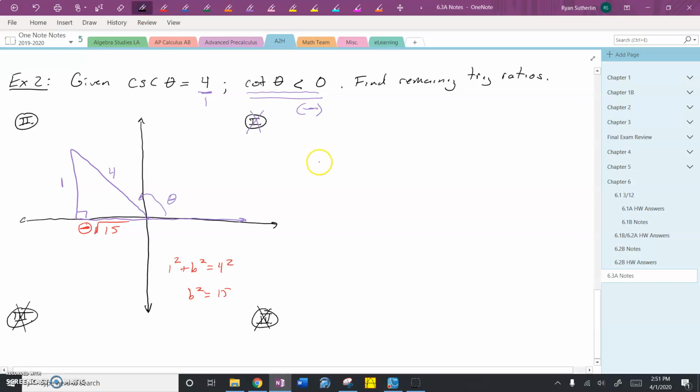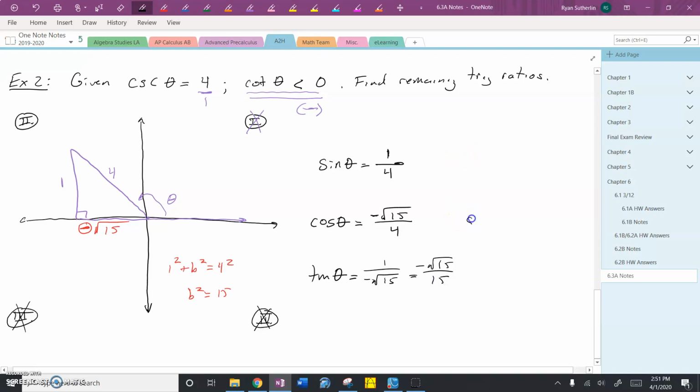Now, once we have that, we can do our 6 trig ratios. So sine is the y value over the hypotenuse, over r, so 1 over 4. Cosine of theta is the x value over r, and tangent theta is the y value over the x value, which if we rationalize becomes negative root 15 over 15.